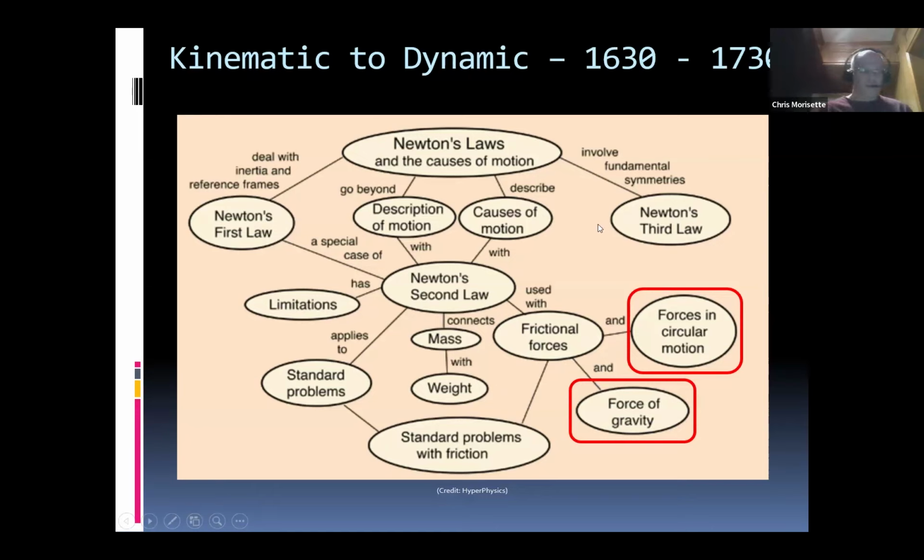The third law, which I'll just mention, is that for every action there's an equal and opposite reaction, and that's what you'll see out of the branch here. But it's really around Newton's second law that you see the connection of Newton's work with astronomy.